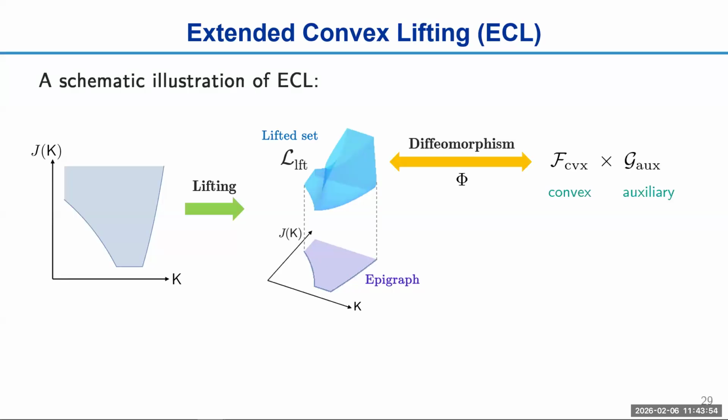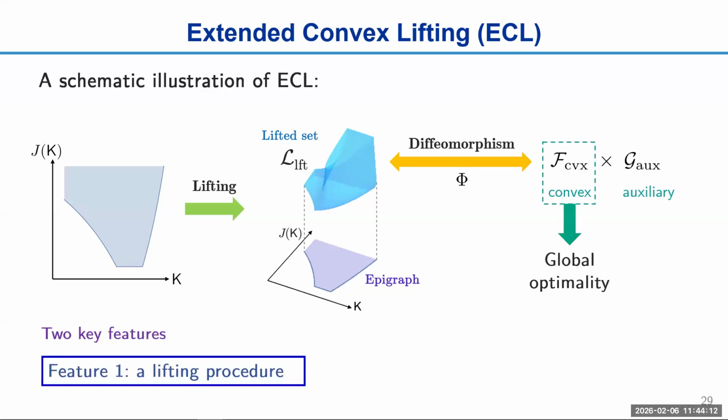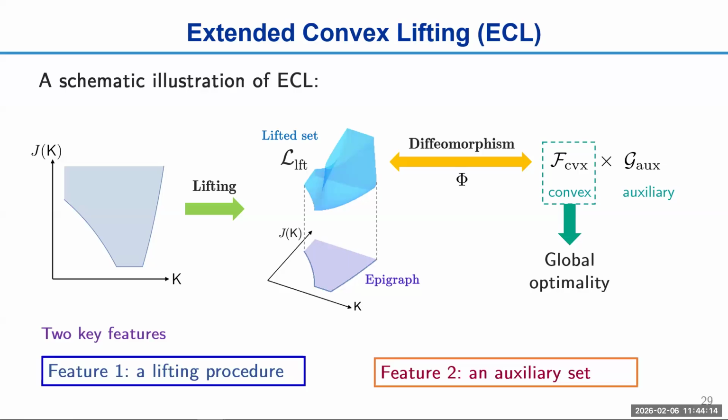And for this lifting set, we assume there exists a smooth invertible mapping, which connects this lifting set with a convex set and another set. Okay. So compared to the previous page, we have a lifting procedure here, and then we also have another set, an auxiliary set. This set will not matter in our guarantee, but we need to have this set to model control problems.